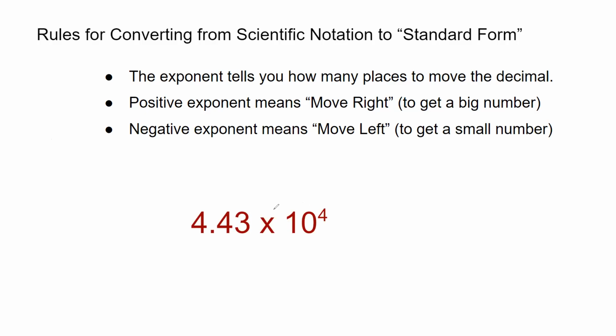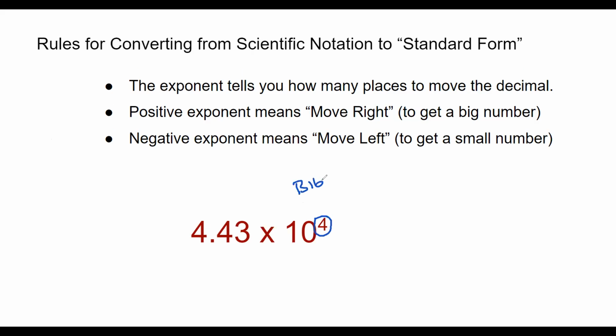So in this case, we see that we have 4.43 times 10 to the 4th. The fact that this is a positive 4 should tell us big number. We're going to end up with a big number. That means we should move to the right. So we could rewrite this.